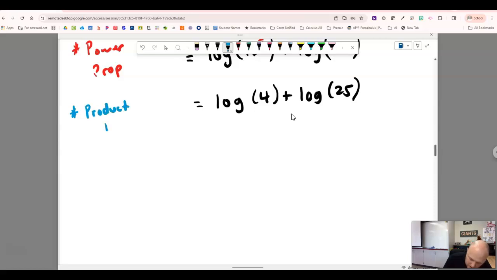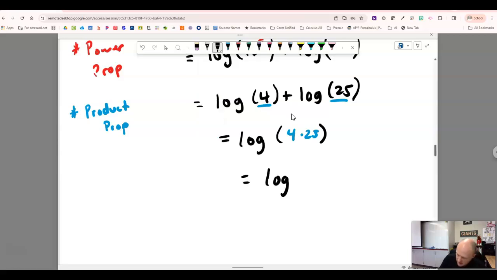Since I'm adding them, I can express this as a single logarithm, log of 4 times 25. Okay? And so I get log of 100.